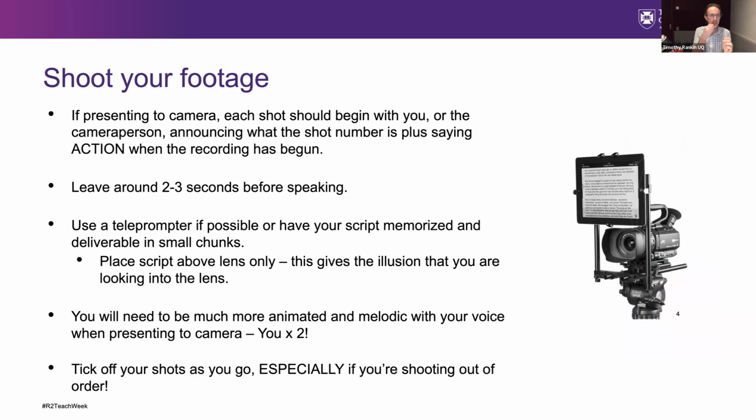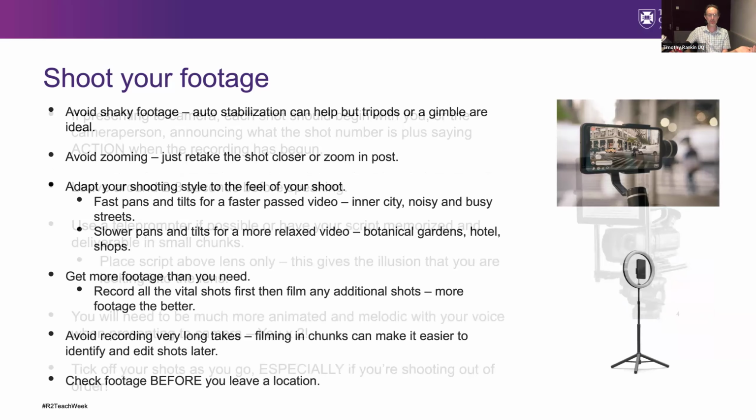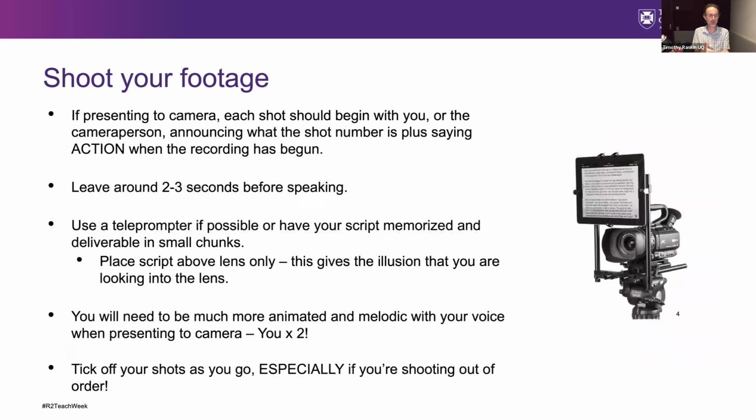So if you're presenting to camera, a really good way of keeping track of shots, and also to allow time for editing, is to look at your storyboard. I think I've actually skipped ahead, but anyway, if you have your storyboard and your list of shots, a good thing to do is say, all right, we're on shot number 7.